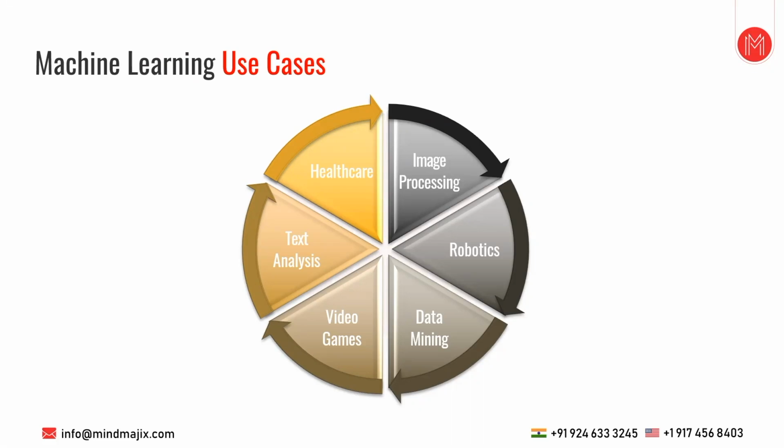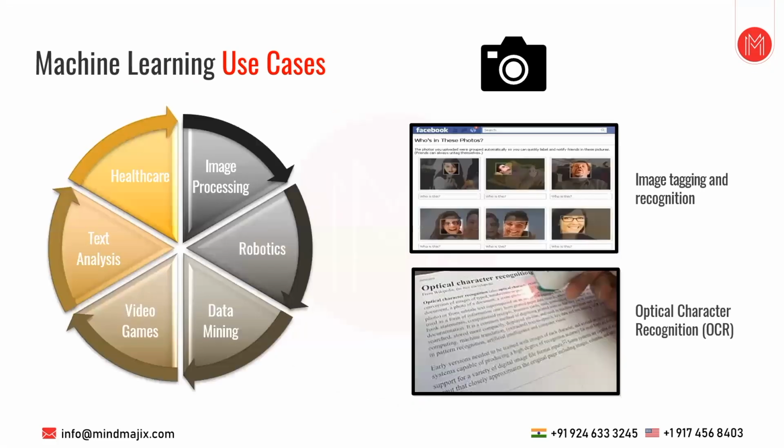Let's start first with image processing. How can machine learning be helpful in the domain of image processing? Some important applications of image processing in science and technology include computer vision, remote sensing, feature extraction, face detection, forecasting, optical character recognition, fingerprint detection, optimal sorting, augmented reality, also known as AR, and virtual reality, VR.